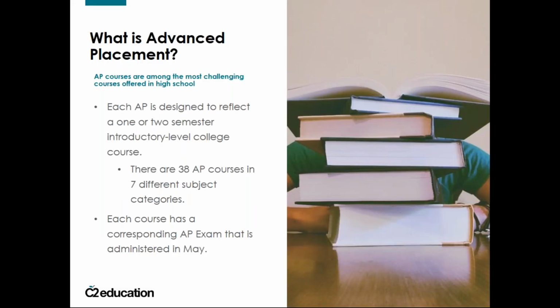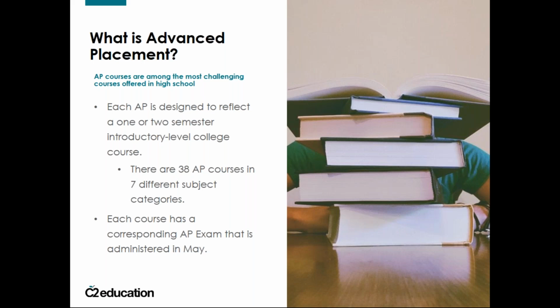So let's first start with some general stuff. What is an AP placement exam? Now, AP courses, for those of you who are taking one or hoping to take one, or maybe looking to take one next year, are some of the most challenging courses offered in high school. They are designed to be a 1 or 2 semester, depending on the course, introductory level or 101 college level class.